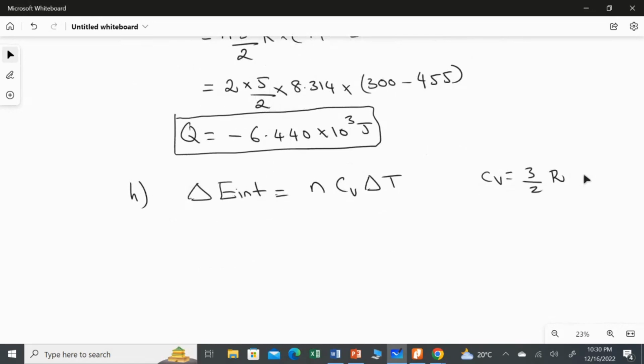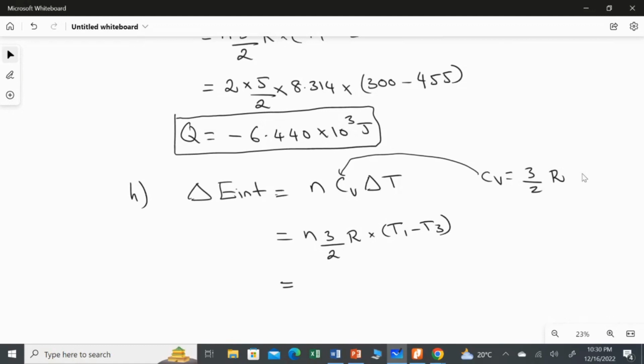So I'm going to substitute the value of Cv and the change in temperature. The expression becomes n multiplied by 3 over 2 times R multiplied by T1 minus T3.